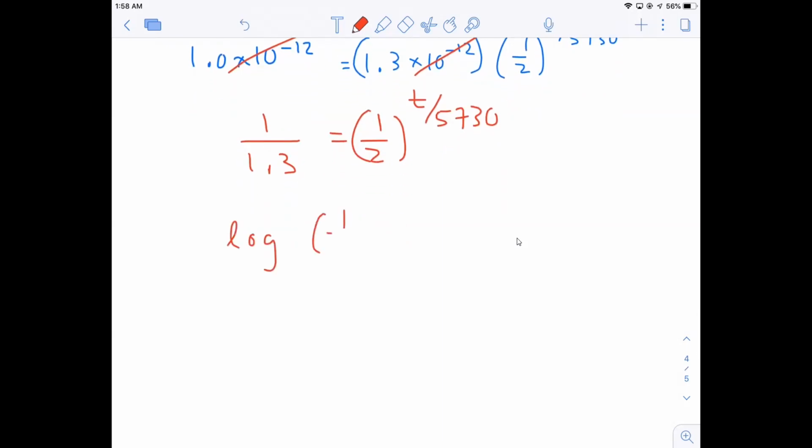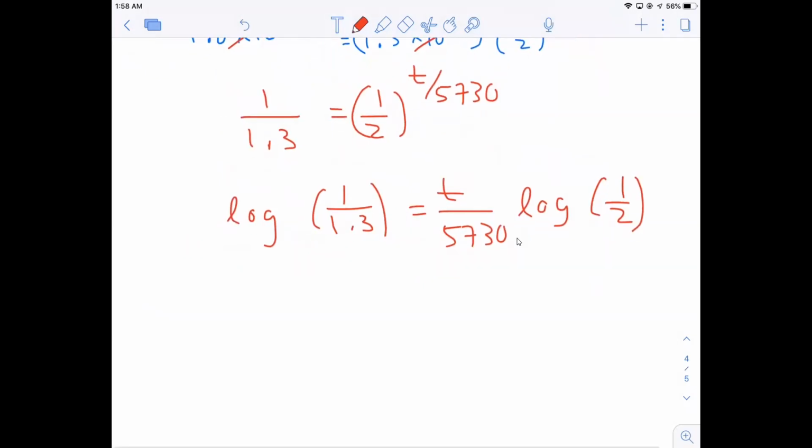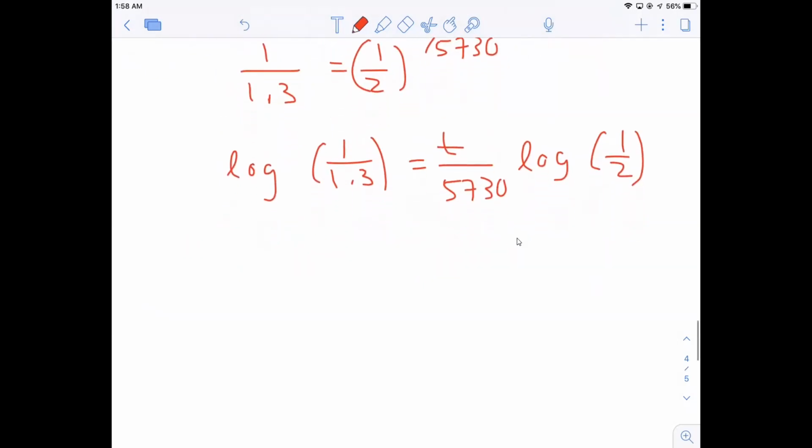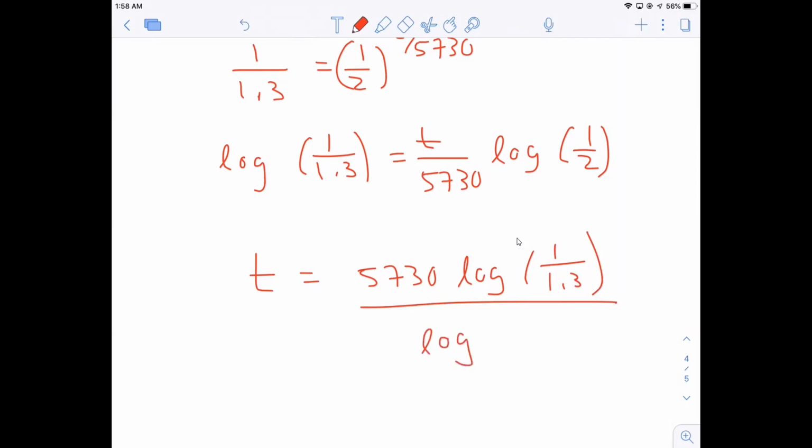The log of 1/1.3 equals t/5730 times the log of 1/2, bringing the exponent to the front. Divide both sides by log of 1/2 and multiply both sides by 5730. So t is going to be 5730 times the log of 1/1.3 divided by log of 1/2.